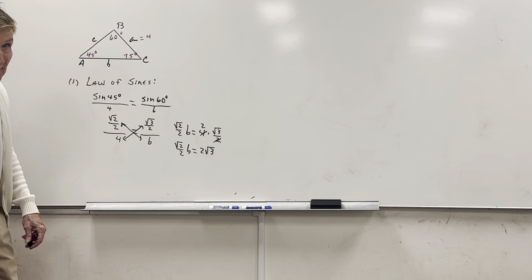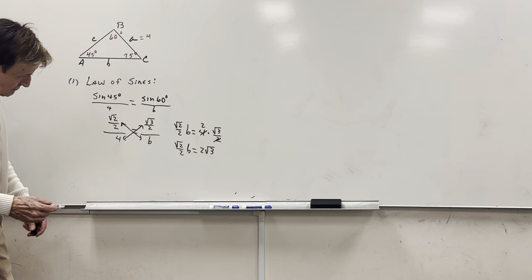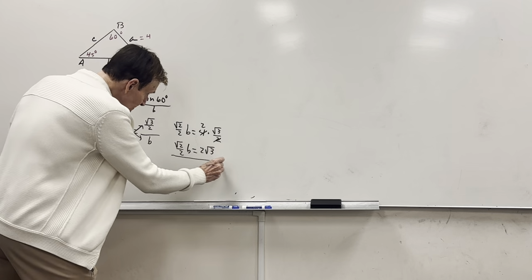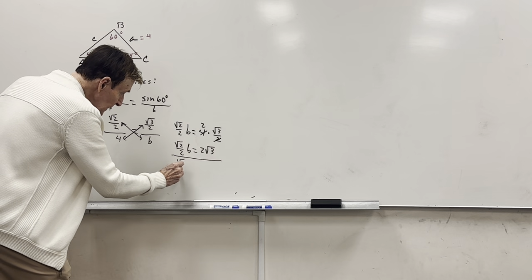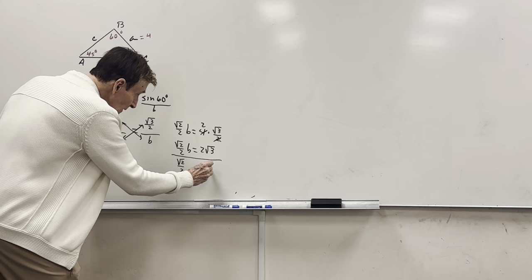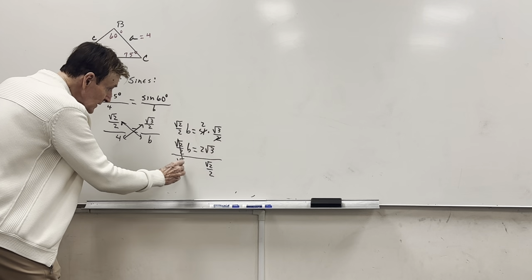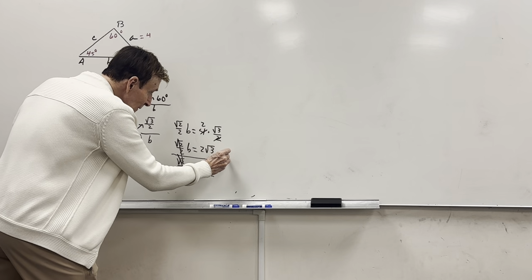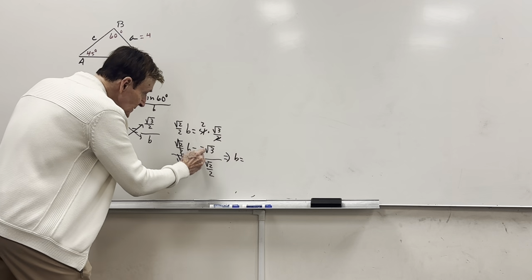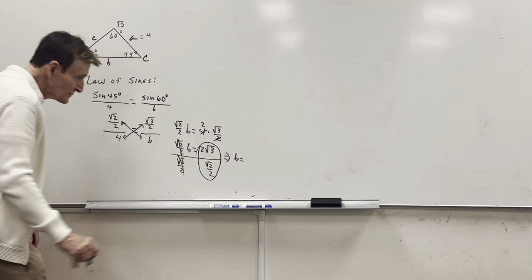And then what would you suggest I do next? Divide by radical 2 over 2. I'll take that. It looks awkward, but these cross out, and we end up with B is equal to, now guys, here's where we might mess up.